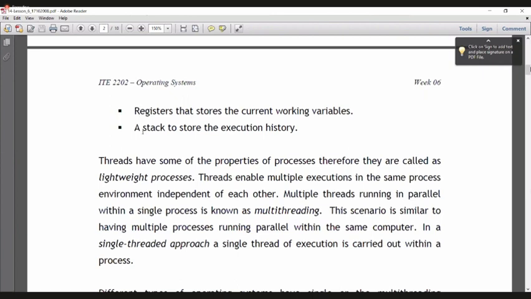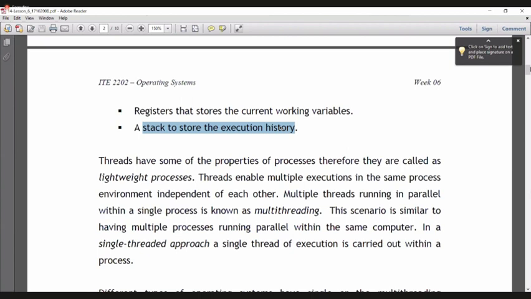So when you're running a program, we store the history. Time to time, we may have to recover. For example, when you are running a program, actually you can't use the CPU continuously because you have to share it with other processes.